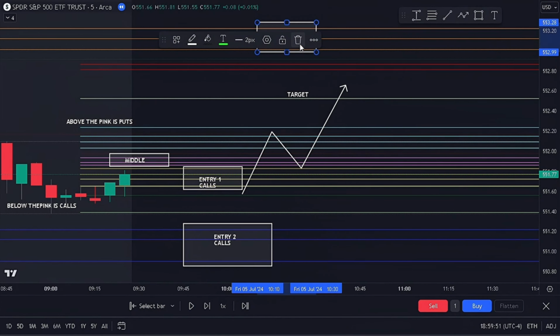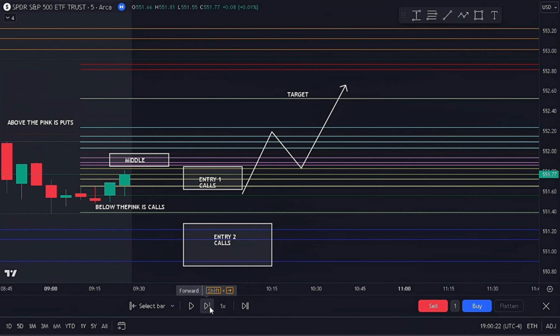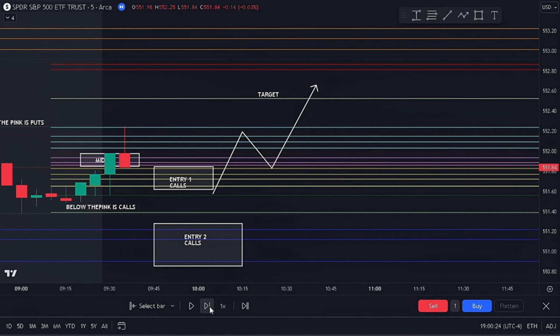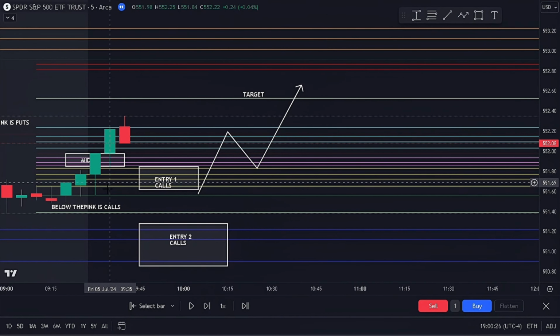So now let's play the candlesticks and get an idea of how to enter. Okay. So the signal would have been given around this time.